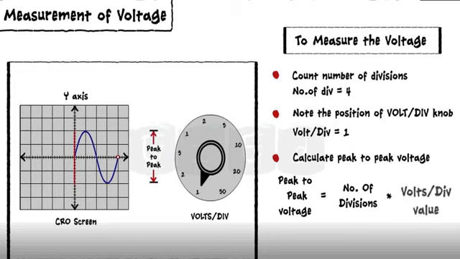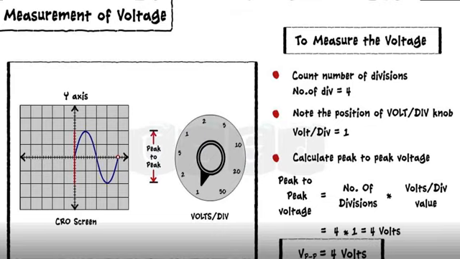Now we know the volt per division knob is at position 1 while the number of divisions is equal to 4. Therefore, peak to peak voltage is equal to 4 volts.